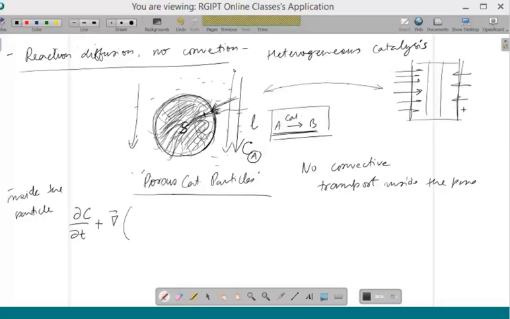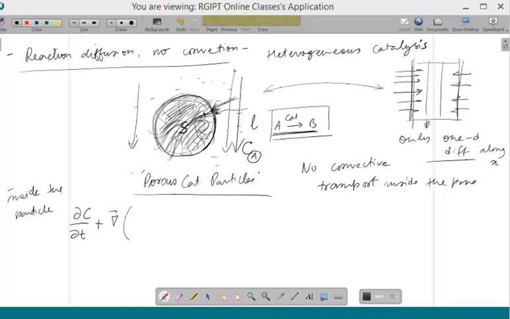We'll assume that it has only one dimensional diffusion, along the x direction.